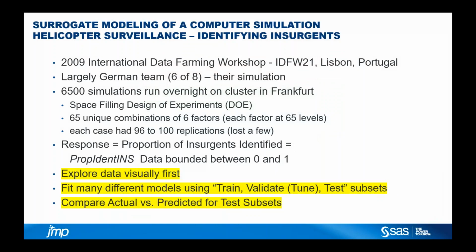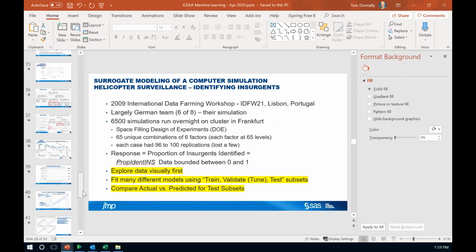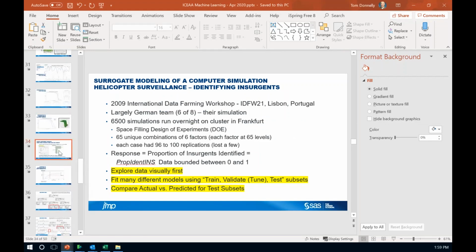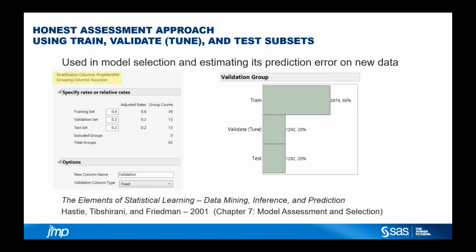Okay. Again, I want to not do the whole slide deck. I wanted to cut to that idea of training, validation, and test. In JMP, we make that easy to do, but we also make it easy to do things like stratify so that each of these groups has the right representation of the behavior you're modeling.